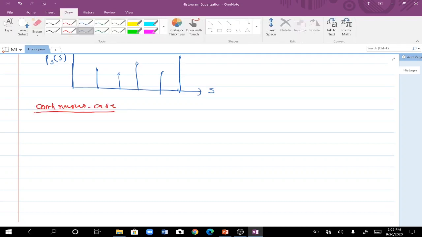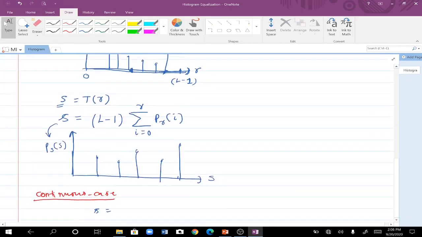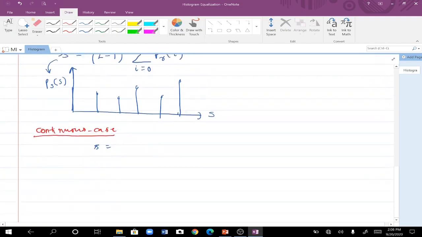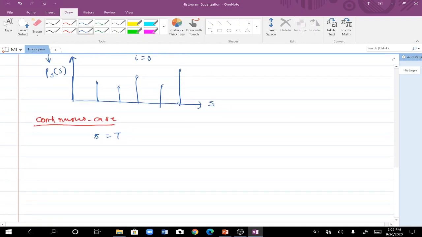What is it that we are given here? Initially your variable is r. The r could vary from 0 to L minus 1. These intensities you are mapping to a new variable s. We also assume here that the inverse transform exists.